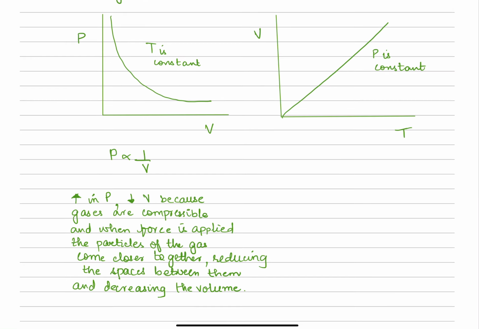In the case of Charles's law, when I increase the temperature, the volume of the gas also increases because the particles gain kinetic energy. Because we studied in one of the previous videos, the temperature is directly proportional to, or it's the measure of, the average kinetic energy of the particles.